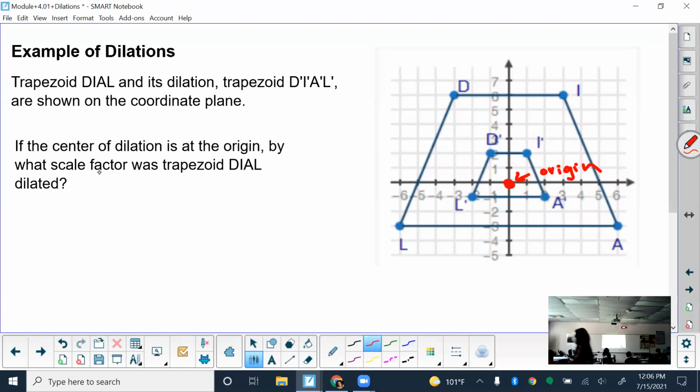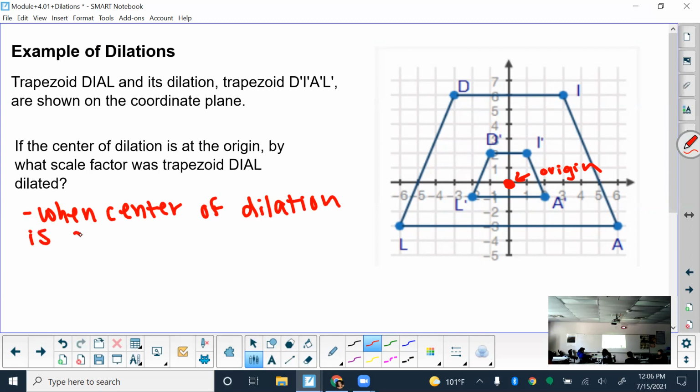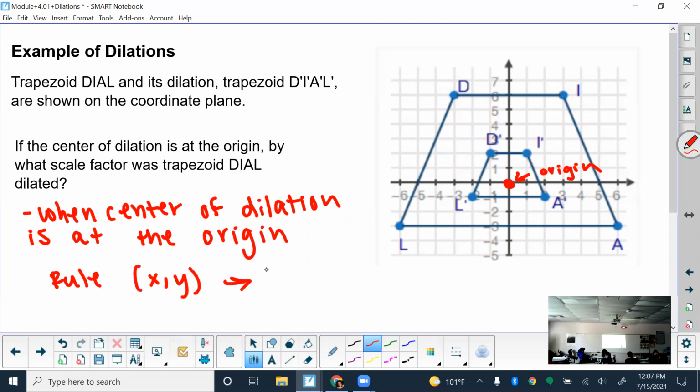All right, so one thing that you'll have to write down, because it's not typed up for you, but you do need to know, is that when the center of dilation is at the origin, or it'll usually tell you in the problem, we use the rule (x, y) goes to (kx, ky), where k is the scale factor.